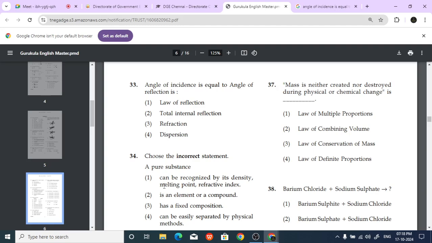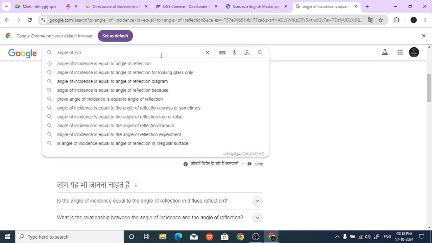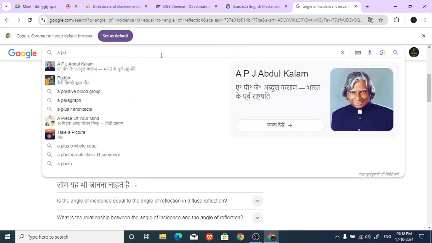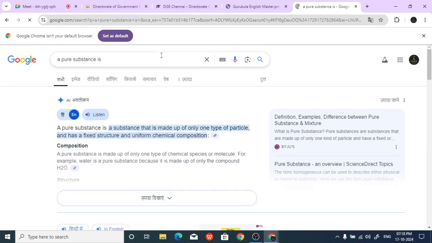I don't know. Okay, let me see. A pure substance is a substance that is made of only one type of particle and has fixed structure and uniform chemical composition.